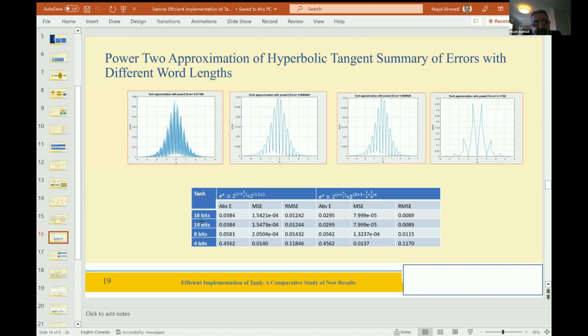One of the things is, if I use different word lengths, you could see the error for each is shown here. The minute we have extra terms for approximation, the error goes way down and the approximation is much, much better. Of course, if the word length is lower, we're going to have more error, as shown in this table.